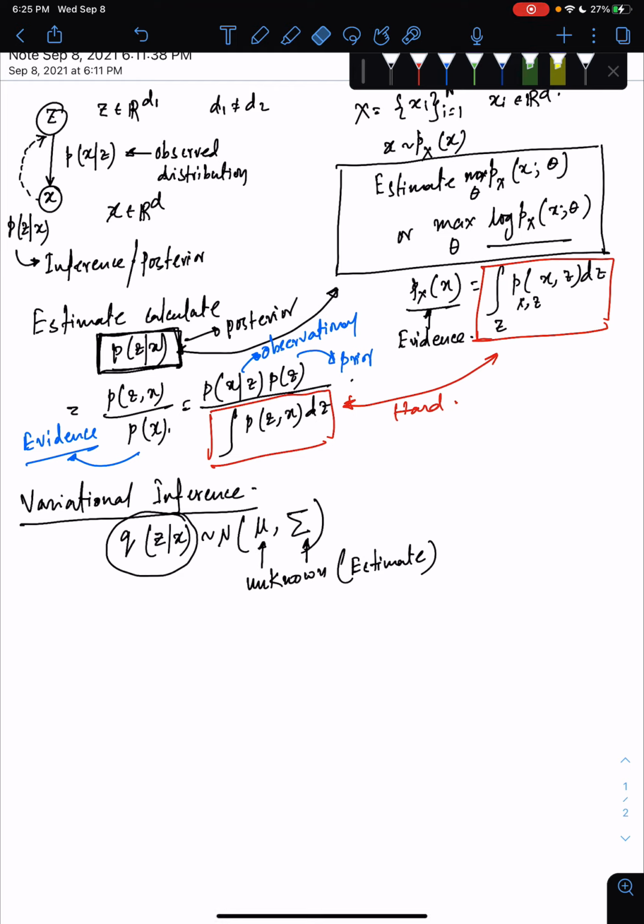This guy q(z) is our predicted and this is our true, and we want to minimize the difference between them. Remember, y and y hat were real numbers, but these two are distributions, and we want to minimize the difference between the two distributions.